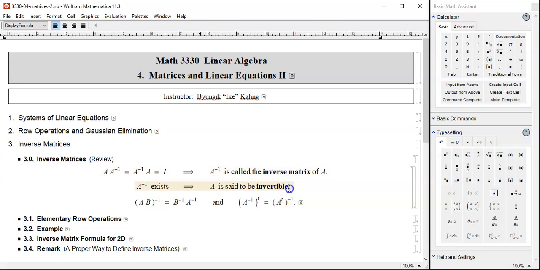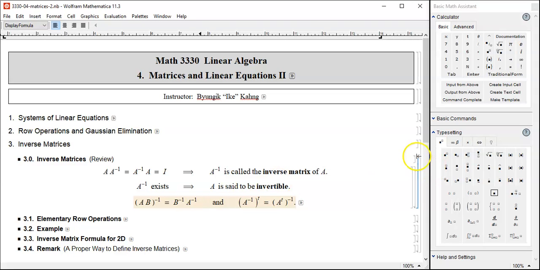If such a matrix exists, we'll say A is invertible, and the matrix inversion satisfies a number of rules, but here are a couple. Actually, I took two of the most important. Both are important, but this one's really important. AB inverse is equal to B inverse A inverse. We have to switch the order of multiplication, since multiplication is not commutative.